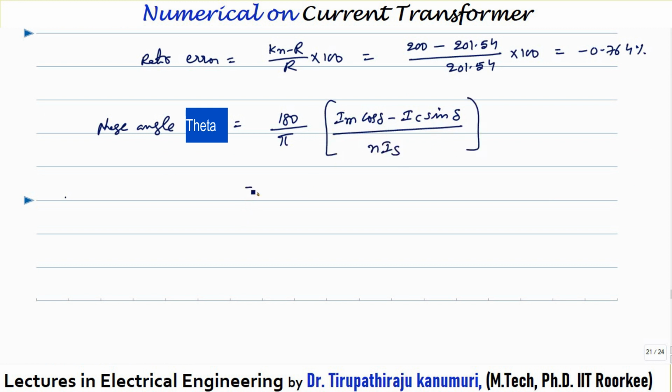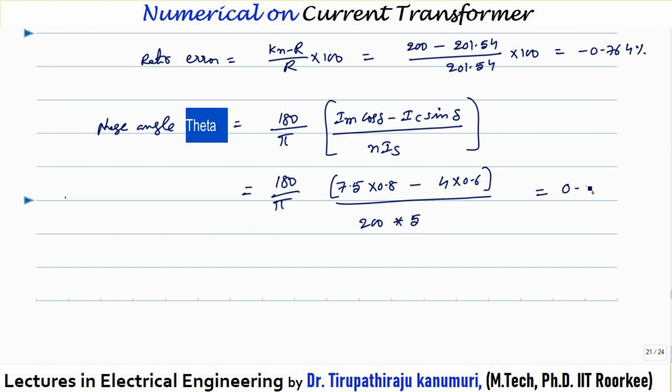So this will be equal to 180 by pi into 7.5 times 0.8 minus 4 into 0.6, divided by N, which is 200, multiplied by 5. If you calculate, this will be equal to 0.206 degrees.